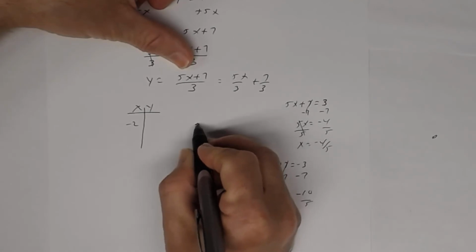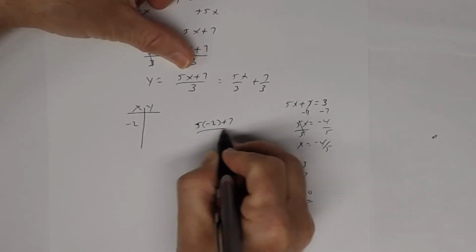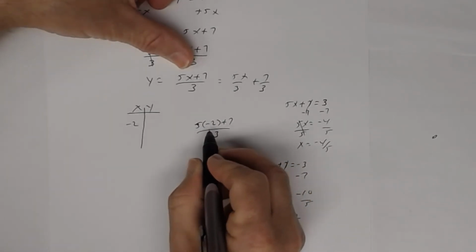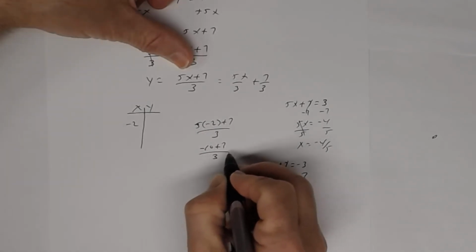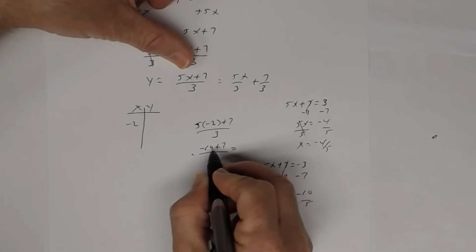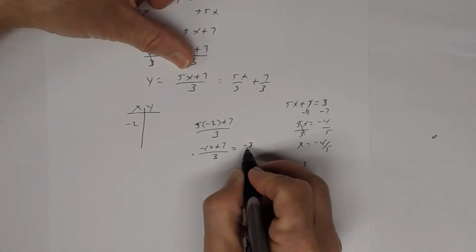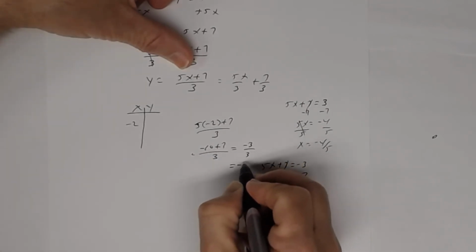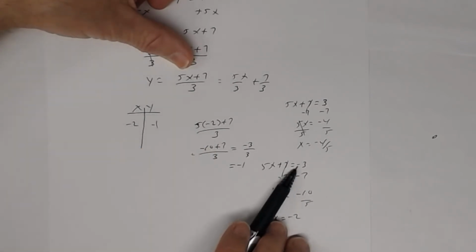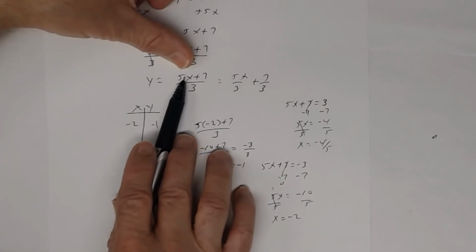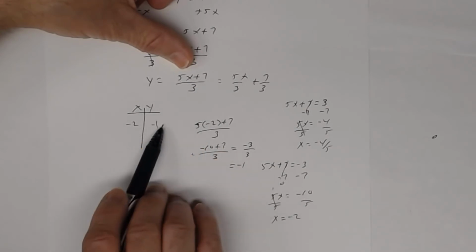So I get 5 times -2 plus 7 divided by 3. 5 times -2 is a -10. -10 plus 7 divided by 3, which is a -10 plus 7 is a -3. -3 divided by 3 is a -1, which I knew was -1 because remember I said that equaled -3? Set this equal to -3, and -3 divided by 3 is a -1.